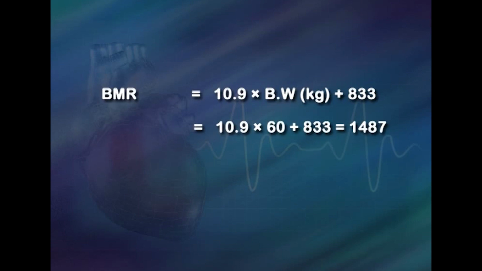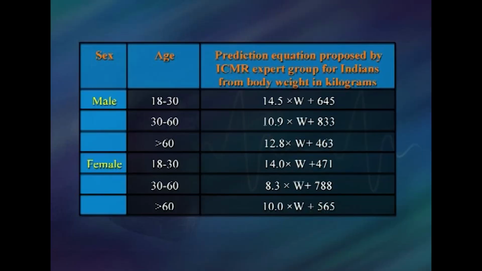To calculate the BMR for an individual male Indian aged 45 years using the formula, BMR is equal to 10.9 into body weight in kgs plus 833, which comes to 1487.